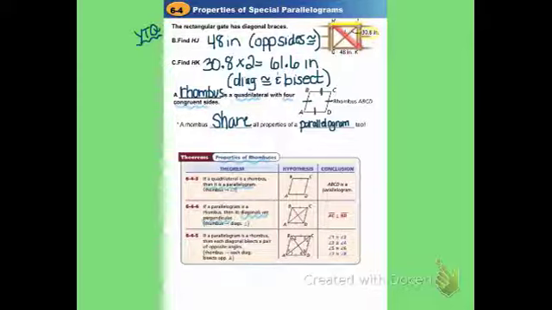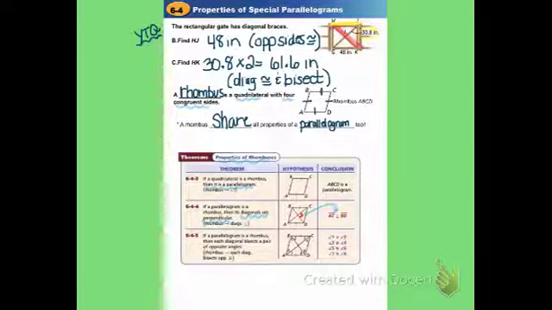Well, the rhombus has its own special characteristics of the diagonals. They bisect each other, being that it's a parallelogram, but they're perpendicular. And what that means is right here in the center where these diagonals intersect, that's a right angle. So that's really important. And that's what the statement says: the diagonals are perpendicular. They make 90-degree angles there in the center. And that means that all of those angles there in the center are 90 degrees.